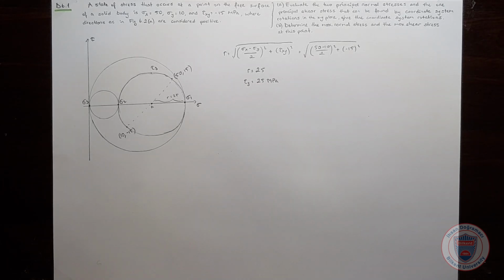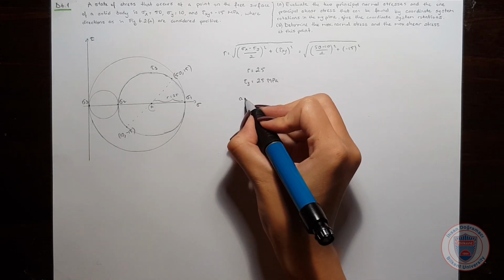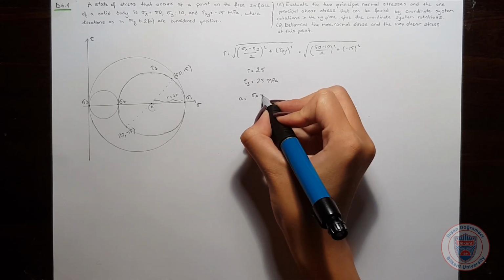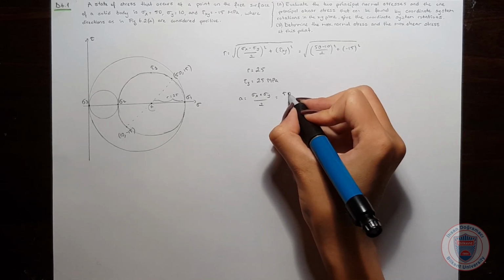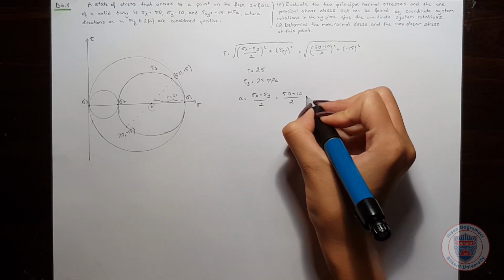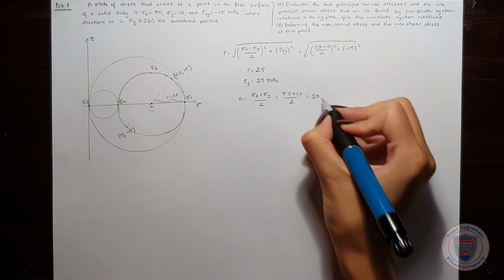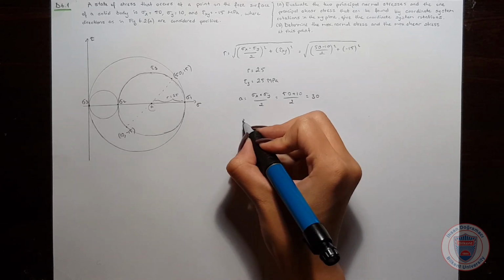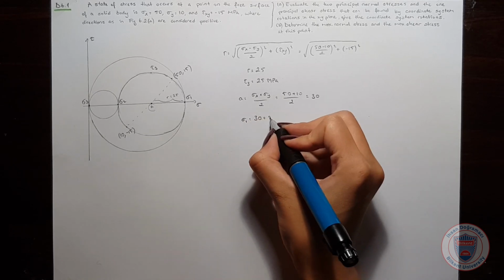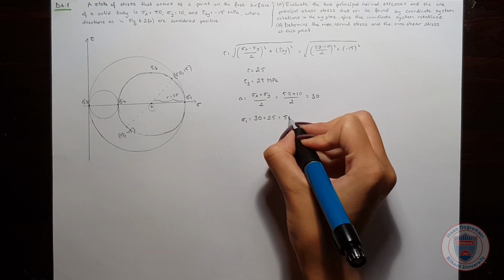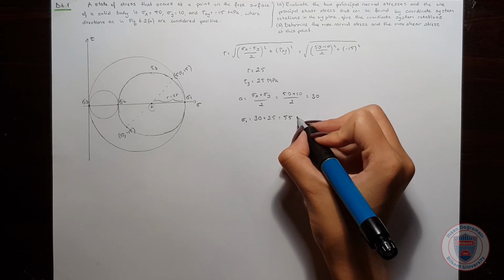Now let's calculate sigma 1 and sigma 2. We know that the center of the circle A is equal to sigma x plus sigma y over 2. And it is 50 plus 10 over 2, which is 30. And sigma 1 will be equal to 30 plus the radius, 25, and it is 55 MPa.